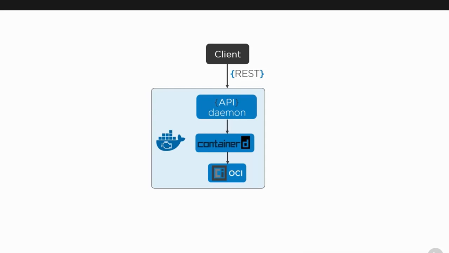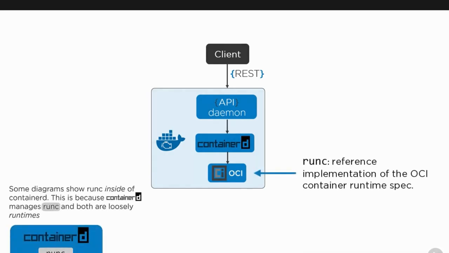The daemon uses containerd to create and manage container lifecycles, and containerd uses runc to actually interface with the kernel and build containers. Now, there is some stuff left in the daemon that I'm not showing here, but the point I'm making is that the core bits are broken out into separate projects.